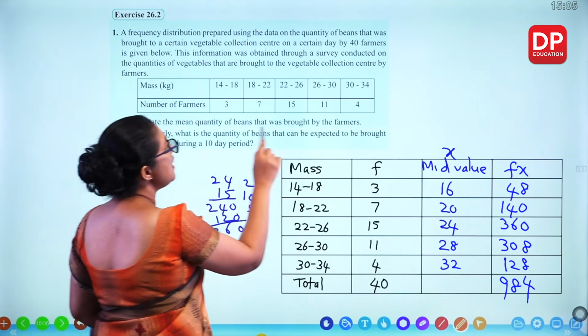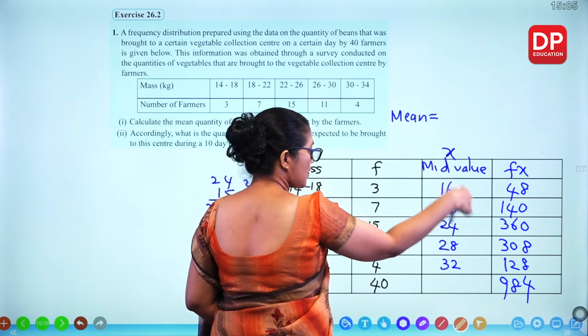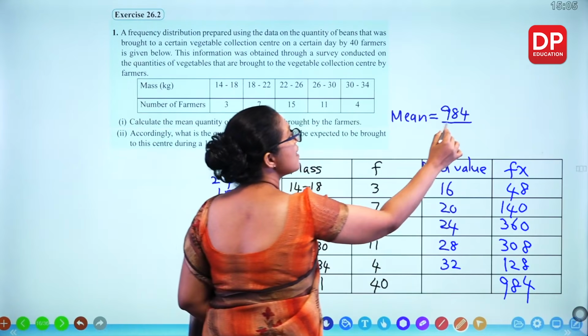Here calculate the mean quantity. So mean is equal to 984 divided by 40.